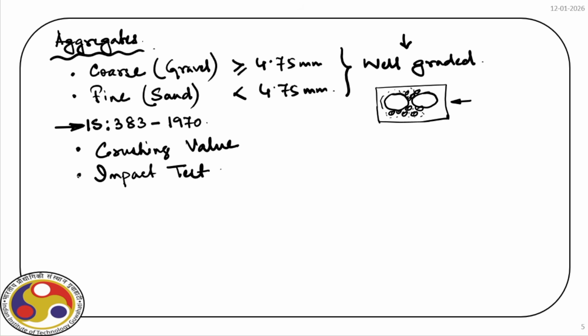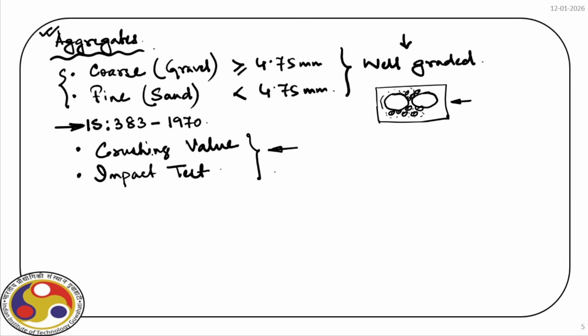And there are a few more tests, but these are the two main tests that we carry out to check the quality of this aggregate. Now, as I said, we will not go into the details of these tests in this course. That is not our objective. But those who will deal with materials, which is concrete here, then they must go through the details of this and what are their meanings, what are the procedures.